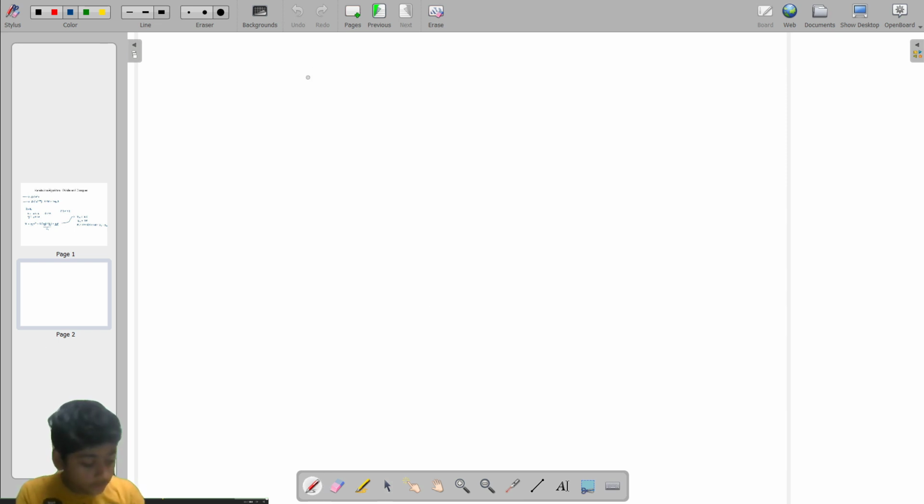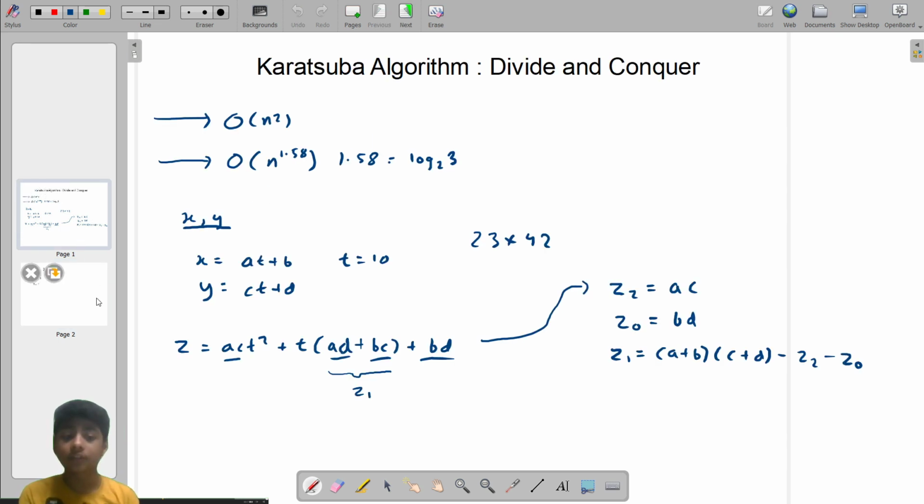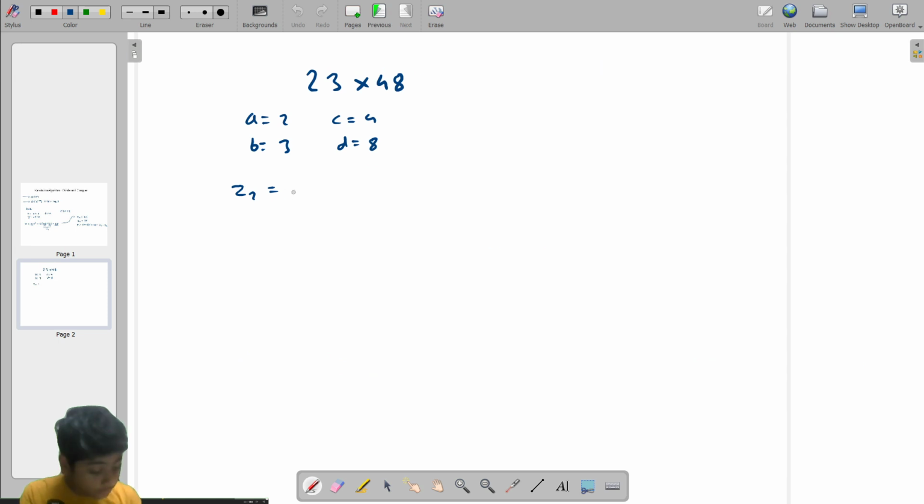Suppose I need to multiply 23 with 48. We could use normal multiplication, but suppose I am forced to use Karatsuba. Then I know that a is equal to 2, b is equal to 3, if I consider this to be x, and c is equal to 4, d is equal to 8. Now you know that z2 is equivalent to, just as we saw on the previous page, ac. z1 is equivalent to what?